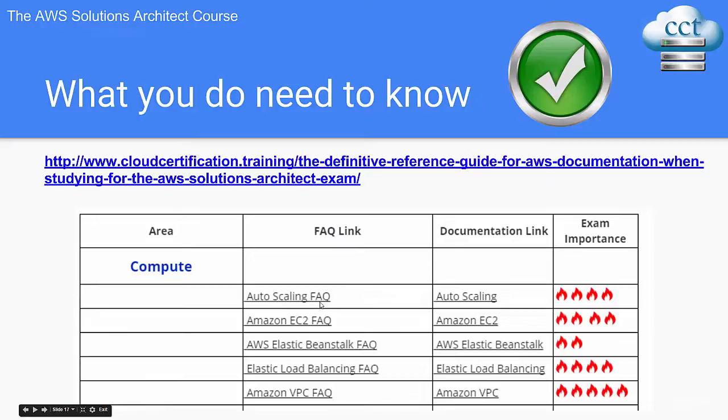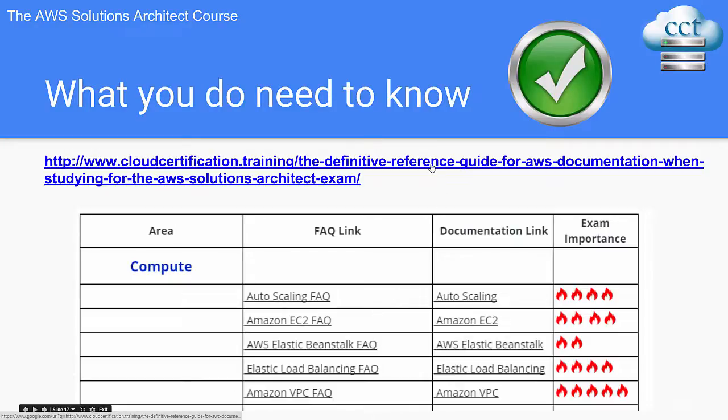If you ever look at the AWS documentation, the services are split up, or combined, into certain areas. Like the compute area has all these services. They have others as well, but I haven't listed them here if they're not important to the exam. So in the compute area, you need to understand auto scaling, EC2, Beanstalk, load balancing, and most importantly, VPC, Virtual Private Cloud.